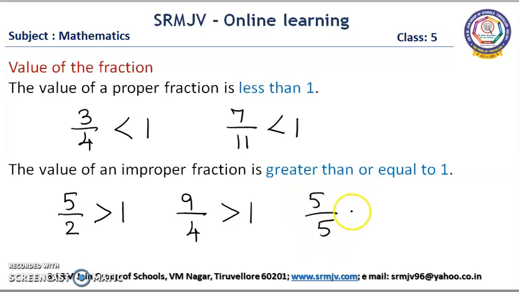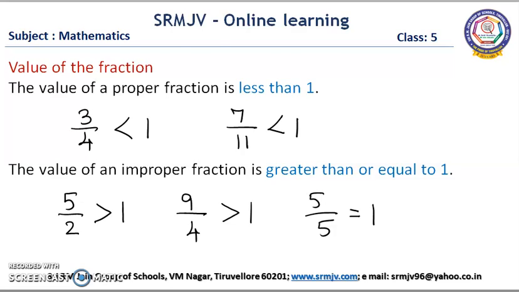So, the value of an improper fraction is equal to 1. If the numerator is greater than the denominator, the value of the fraction is greater than 1. If the numerator is equal to the denominator, then the value of the fraction is 1. Can you understand, children? So, the value of an improper fraction is greater than or equal to 1.